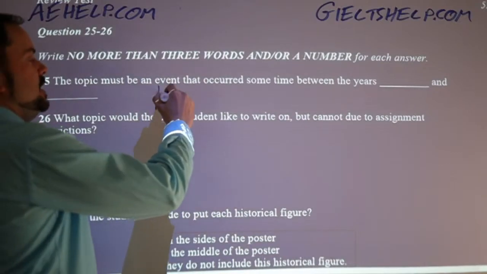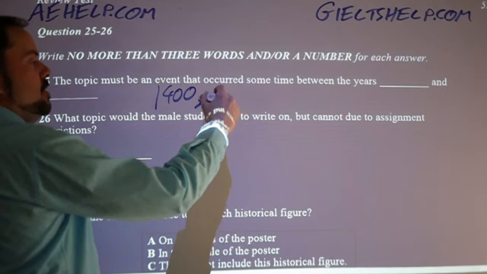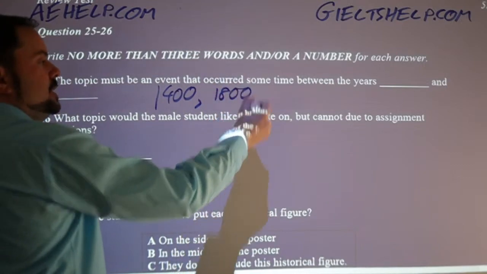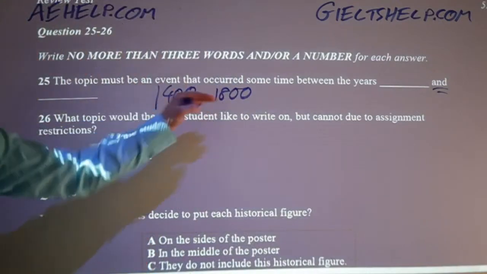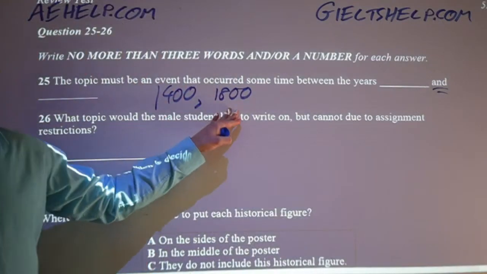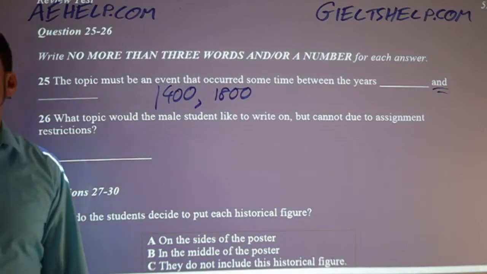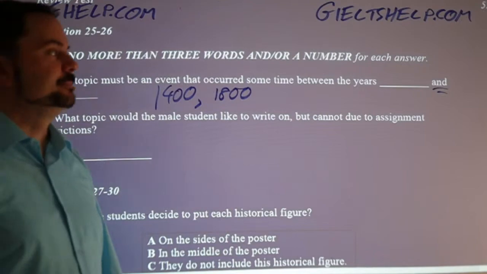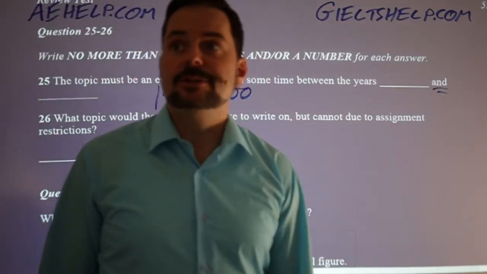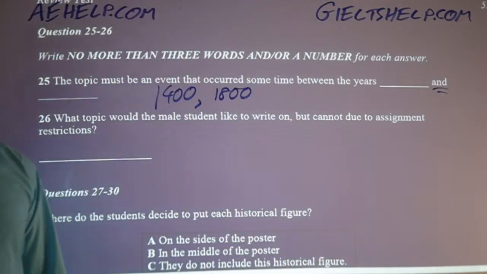Yeah, that's all you need. And you don't need the and, maybe a comma like that, because you have the word and here, so you don't need it. You just simply need these two numbers, 1400, 1800. Yeah. Okay. 15th and 19th century. Okay. Very good. All right. It looks like a lot of you got that. Excellent.